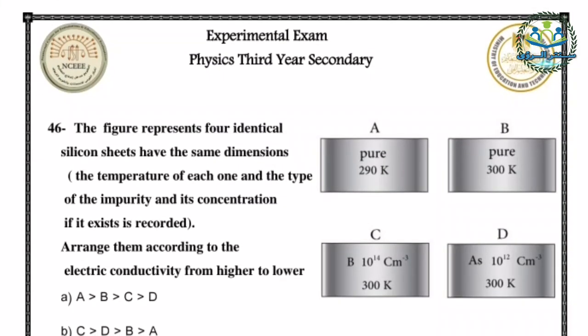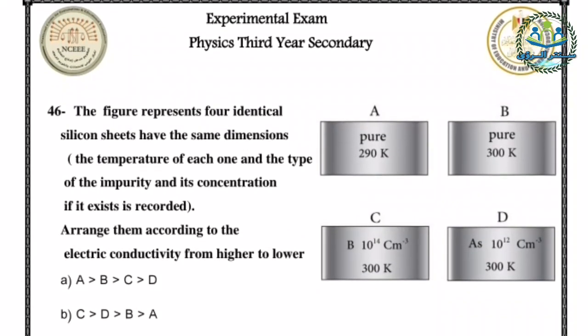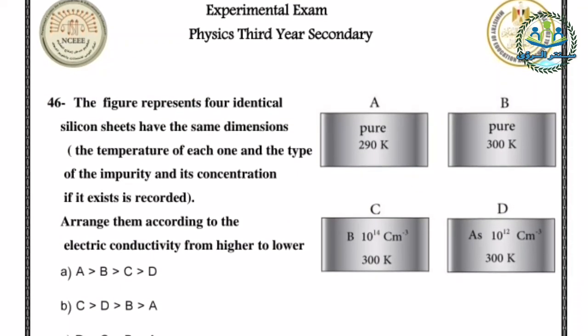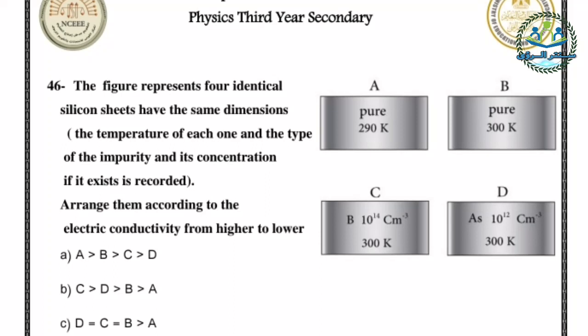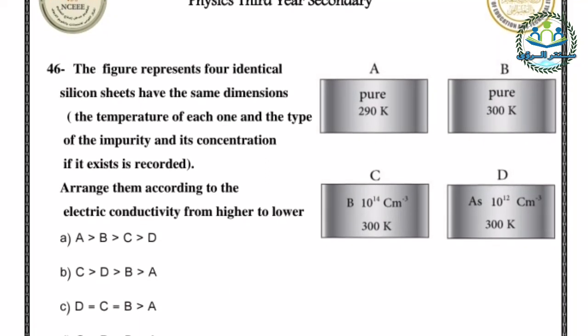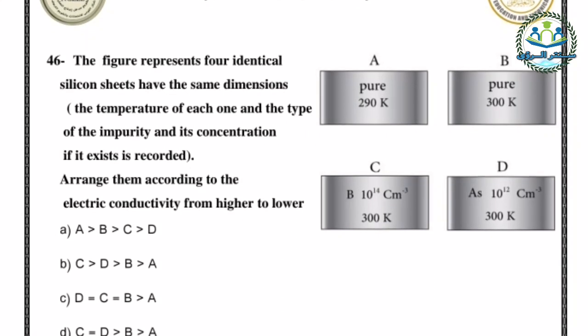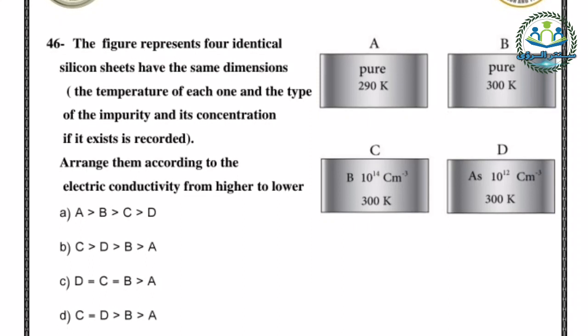46. The figure represents four identical silicon sheets that have the same dimensions. The temperature of each one and the type of the impurity and its concentration, if it exists, is recorded. Arrange them according to the electric conductivity from higher to lower.